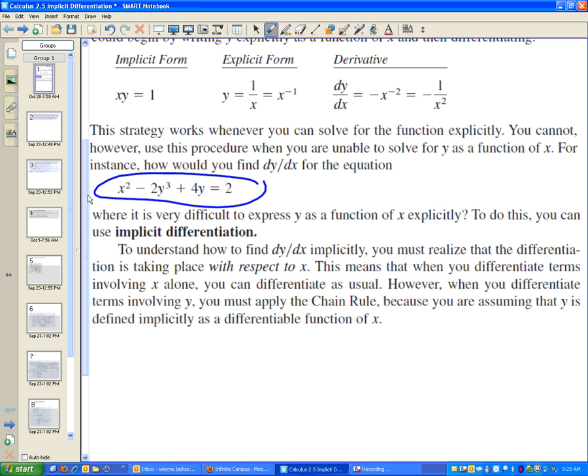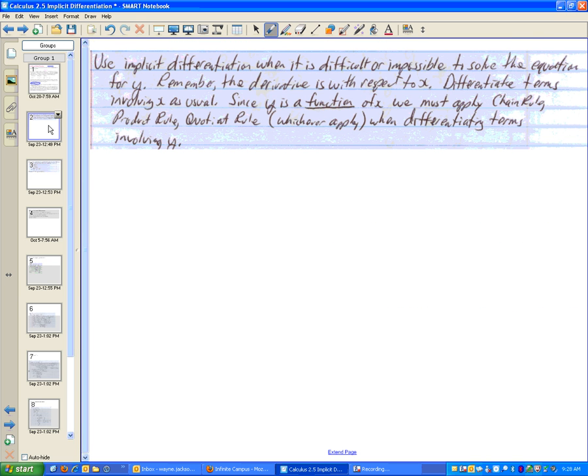A couple things that I'd like to add to what the book tells you. Actually, this isn't an add. This is a rewording, barely. It's a little bit of a paraphrase. It says, use implicit differentiation when it is difficult or impossible to solve the equation for y. Remember, the derivative is with respect to x. Differentiate terms involving x as usual, just like you always have.